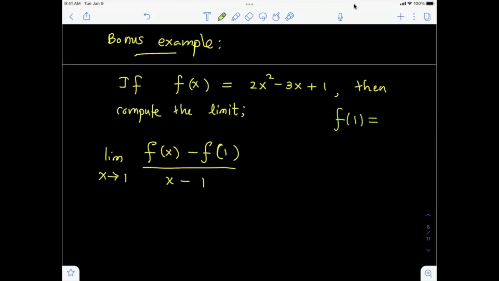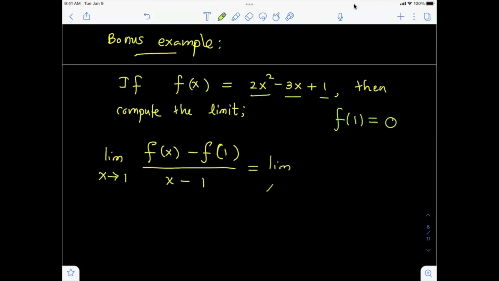When you plug it in, what do you get? You're going to get like 2 minus 3 plus 1. So in fact, it's going to be, oh, it's nice. It's going to be 0. Not all cases would give you just this kind of a scenario, but in this case, it works out perfectly. And now let's do this.